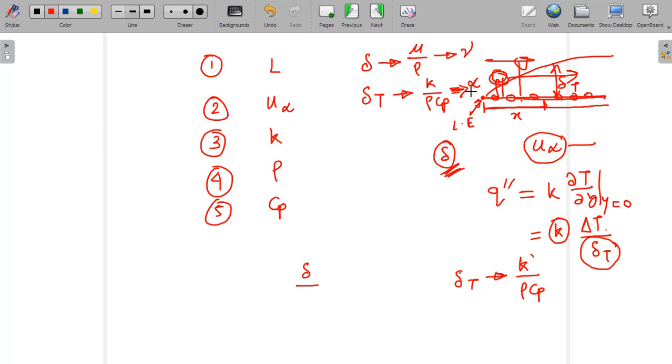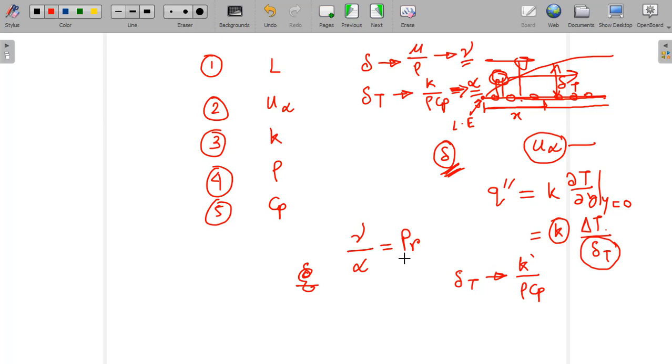This is thermal diffusivity, this is momentum diffusivity, or the kinematic viscosity. Now this quantity, kinematic viscosity, is a fluid property. Alpha, thermal diffusivity, is again another fluid property, and the ratio of these is definitely a fluid property.